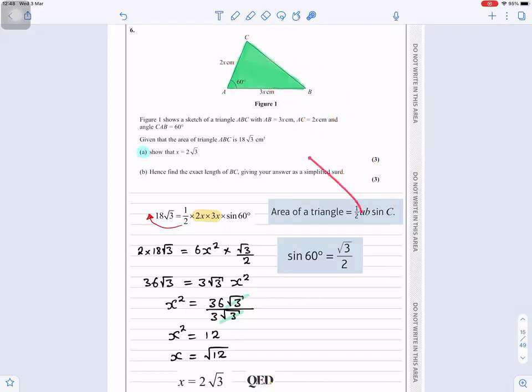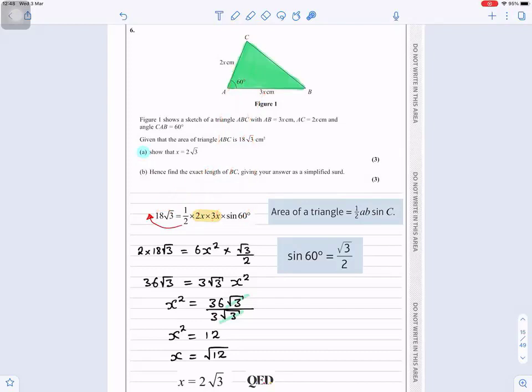So you put that in the formula, and so the area is 18 root 3, a is 2x, b is 3x, and sine of C is sine 60.